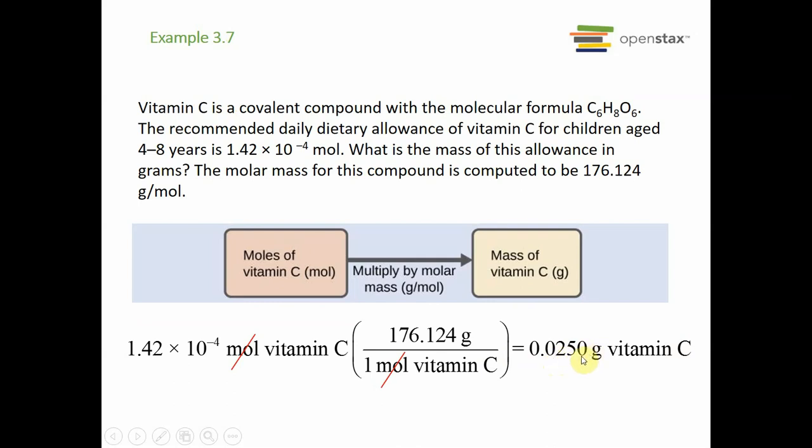That would be 25 milligrams of vitamin C. Many of the supplements of vitamin C are 500 milligrams. So that just shows you the gross excess of what we need versus what is in typical pills.